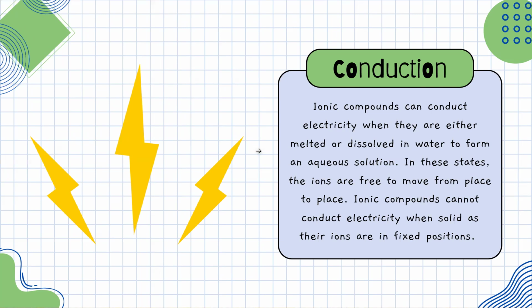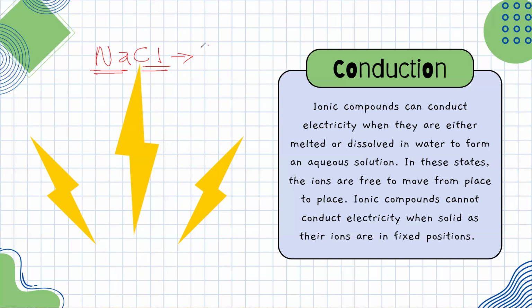Beautiful. So what we simply mean is that any ionic compound that you have can conduct electricity when they are either melted or when they are dissolved in water. A very good example of an ionic compound is sodium chloride. This is the metal, sodium, and this is the non-metal, chlorine.